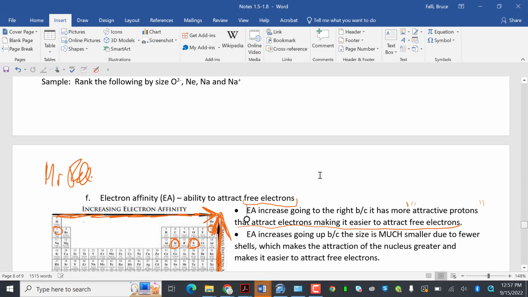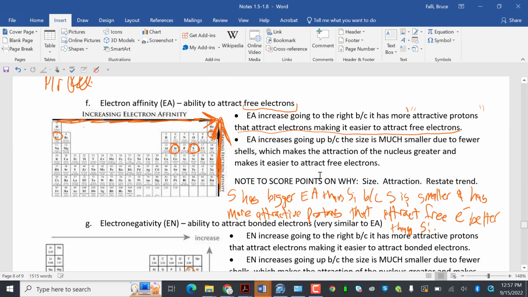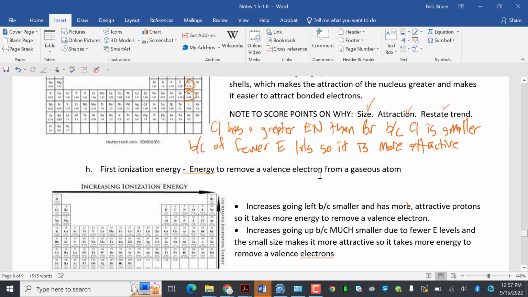So notice, more attractive when it's closer. Size is smaller, fewer energy levels. So it's more attractive and attracts bonded electrons better than Br.